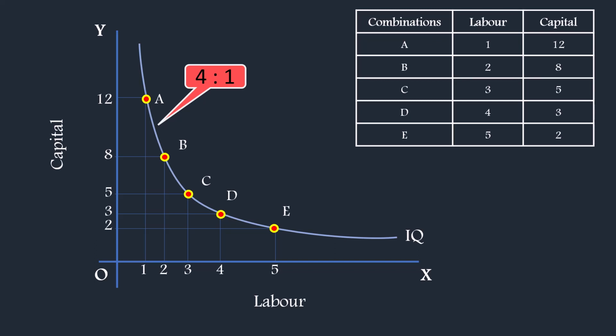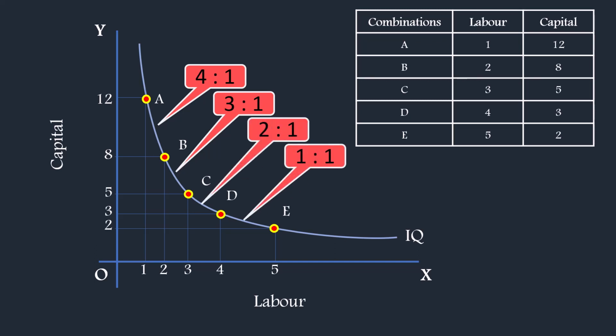Here, the rate of exchange is 4:1. Similarly, when he moves from B to C, the rate of exchange is 3:1. Thus, as he moves further, it falls as 2:1 and 1:1. Since the marginal rate of technical substitution keeps on falling along the curve, it is convex towards the origin.